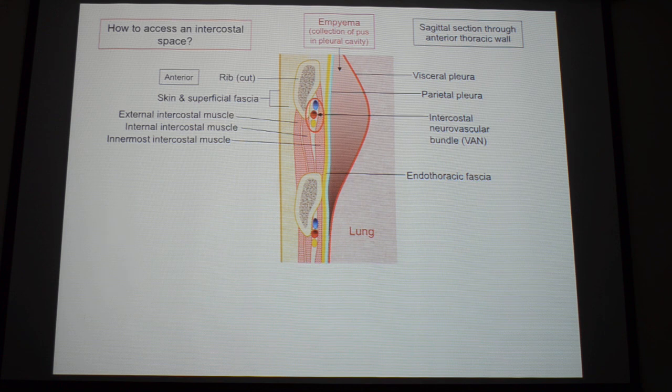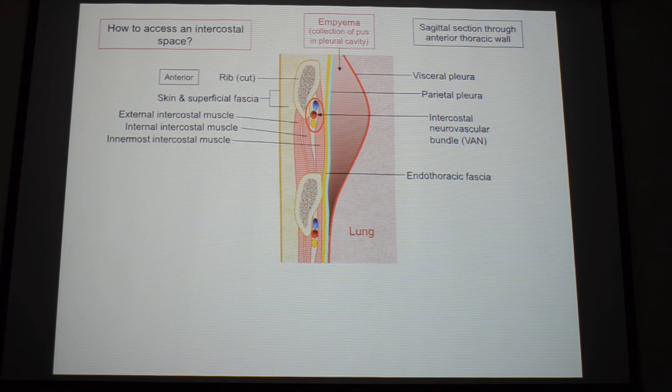So how do we get into an intercostal space? We have to go very safely. What is the safest place? We have to go above the lower rib, at its upper border, but we have to be careful because of the location of the neurovascular bundle.